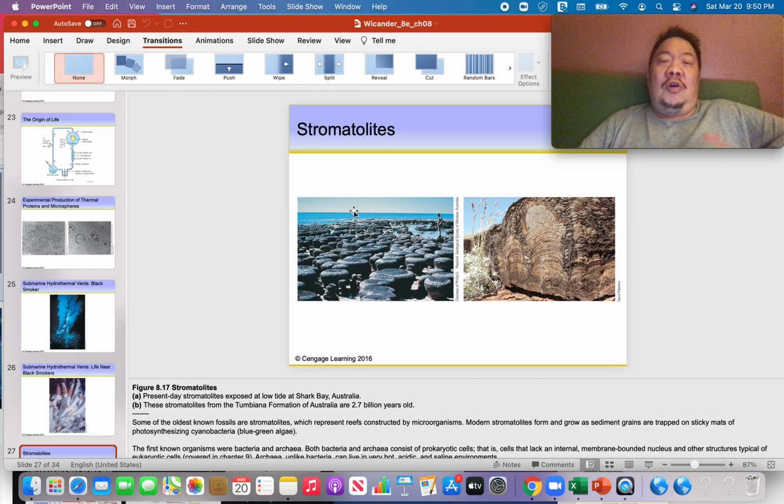And these cyanobacteria produced these beautiful stromatolites, like you can see in these stromatolitic limestones, or in modern day stromatolites as they exist today in Shark Bay, Australia.